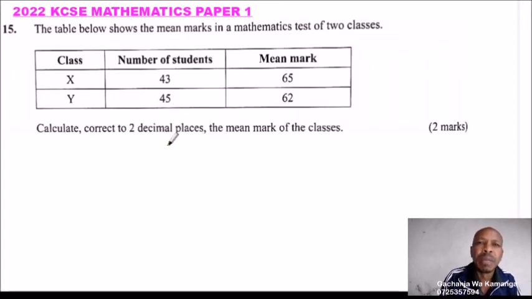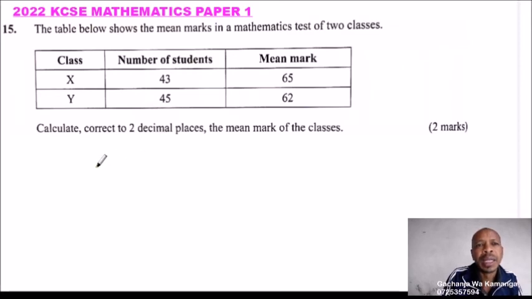For us to get the mean mark, since class X had 43 students and the mean mark was 65, we need to get the total marks that were scored in that class. We do the same for Y, 45 and 62.